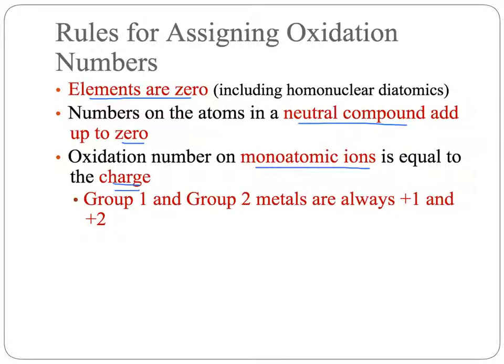We've been using charge all along. In some cases, the charge is also the oxidation number when you're dealing with just one atom in your ion. So, to go along with that, the group 1 and group 2 metals that we have been using charges of +1 and +2, those charges are also then equal to their oxidation numbers.